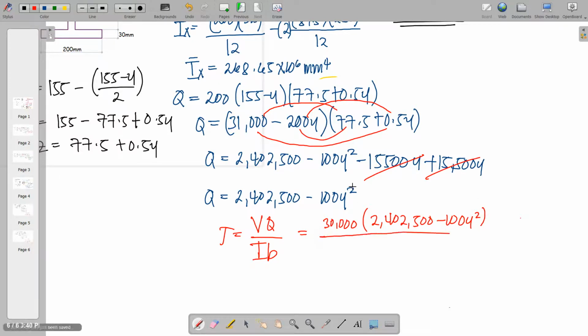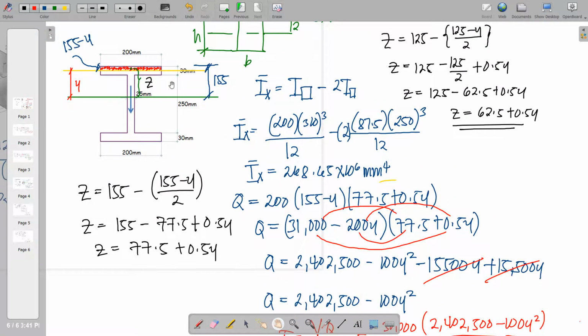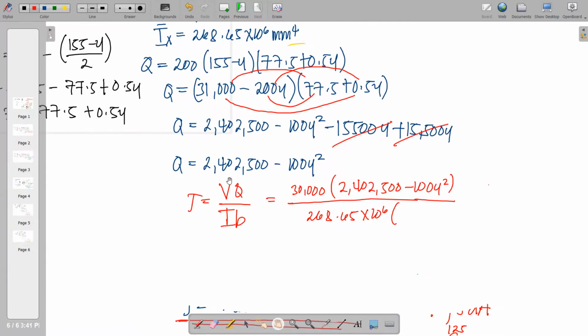We divide by this I, 268.65 times 10 raised to 6, multiplied by the width, and this time the width is the width of the flange, and that is equivalent to 200 millimeters.